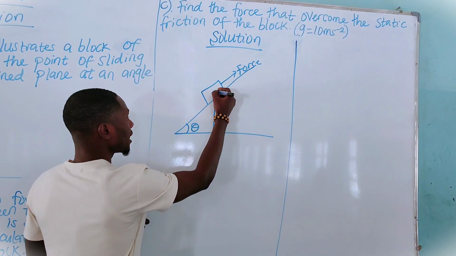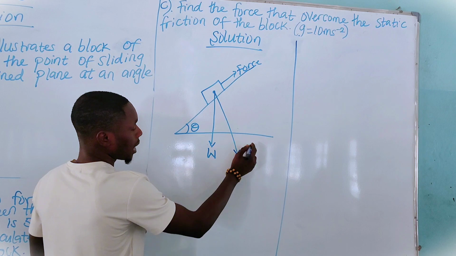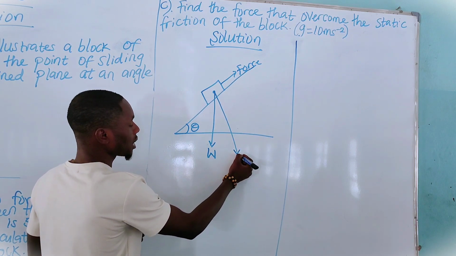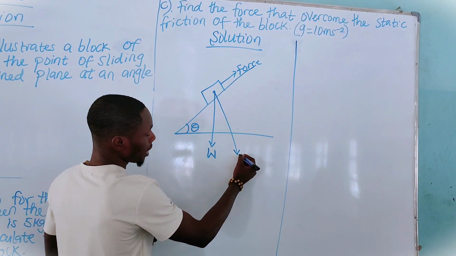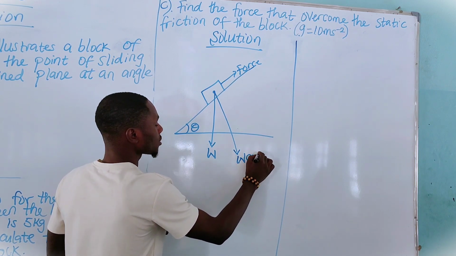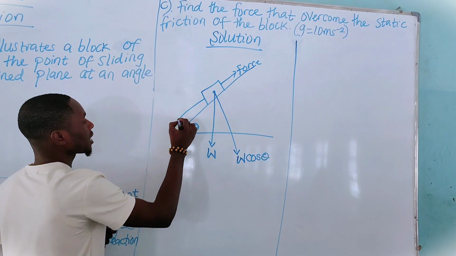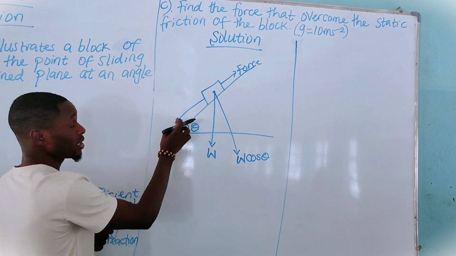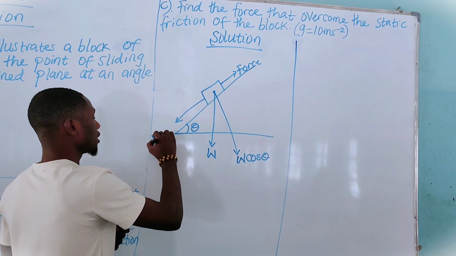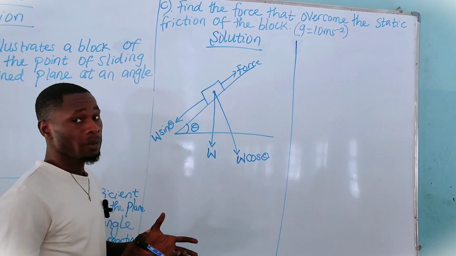This is one of the components, the horizontal component, so let's call it W cos theta, and this is the vertical component, which is going to be W sine theta from vectors.